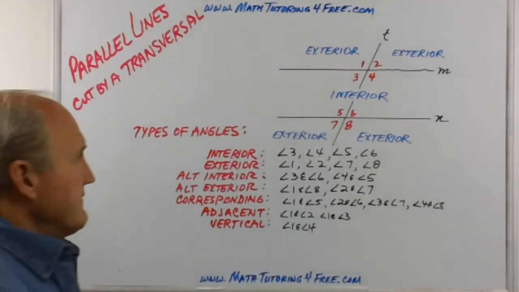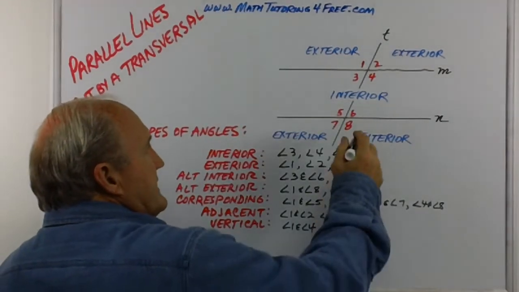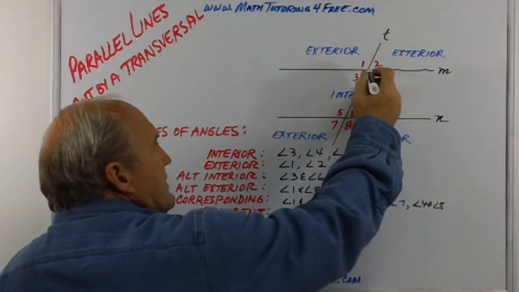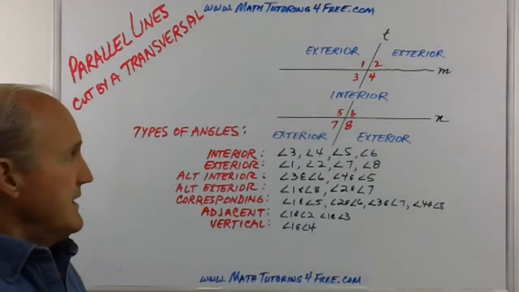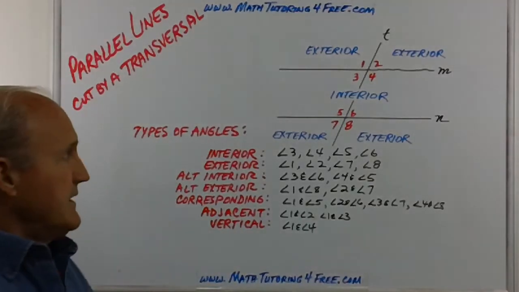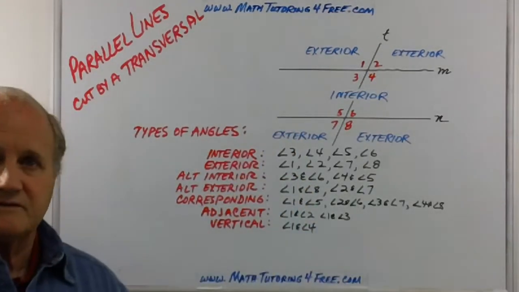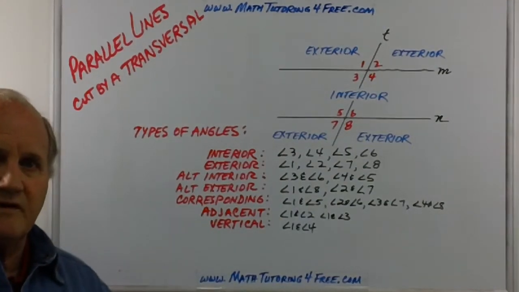Okay? If the lines are parallel, then what we can say is that the corresponding angles are going to be equal. The alternate interior angles are going to be equal. The alternate exterior angles are going to be equal. So once we know one angle, we can figure all the others.